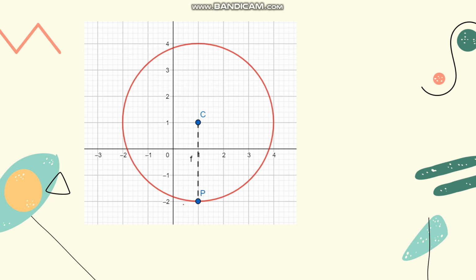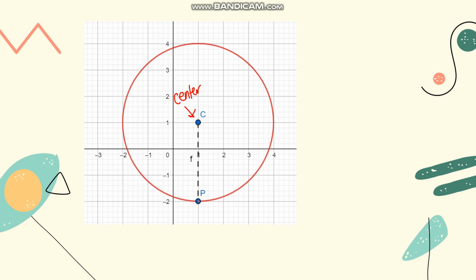Let's say we have here point P, and then we have here point C, which is what we call the center of the circle. As we know, a circle is composed of points having the same distance from the center.